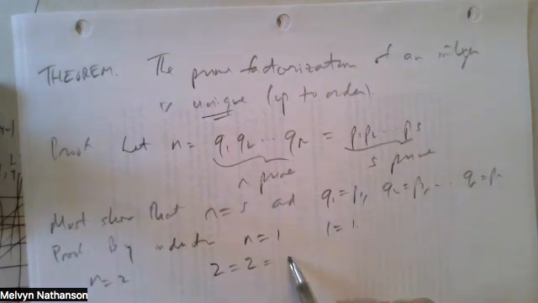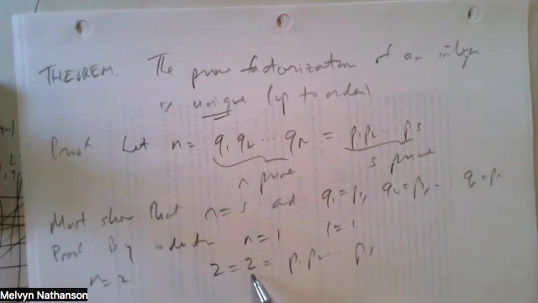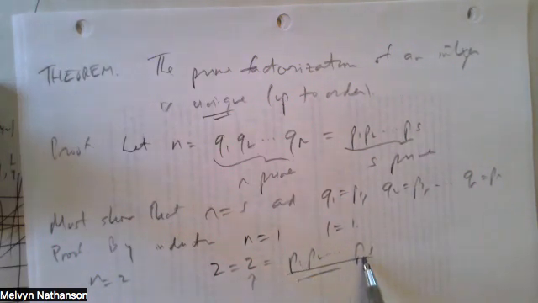Suppose we write this as a product of primes, but in fact, because 2 is a prime, its only divisors are itself and 1. So if 2 is a product of these primes, all of these primes divide 2. So each of these primes has to be 2, and there can only be one of them, right? So in that kind of trivial case, it's also true.